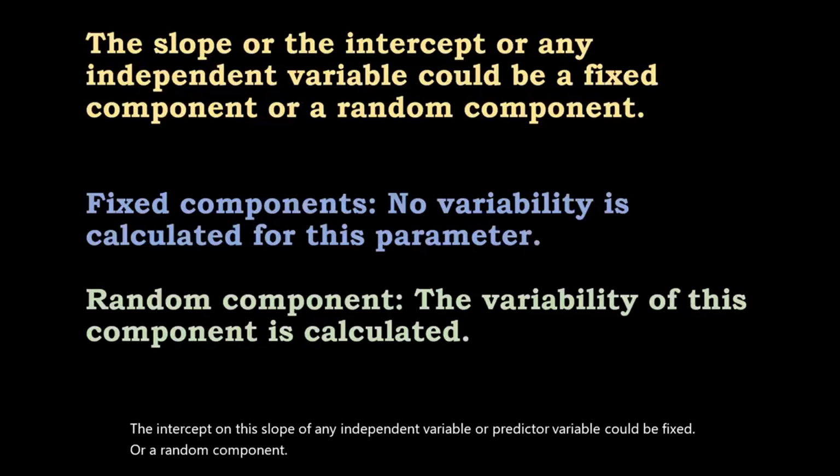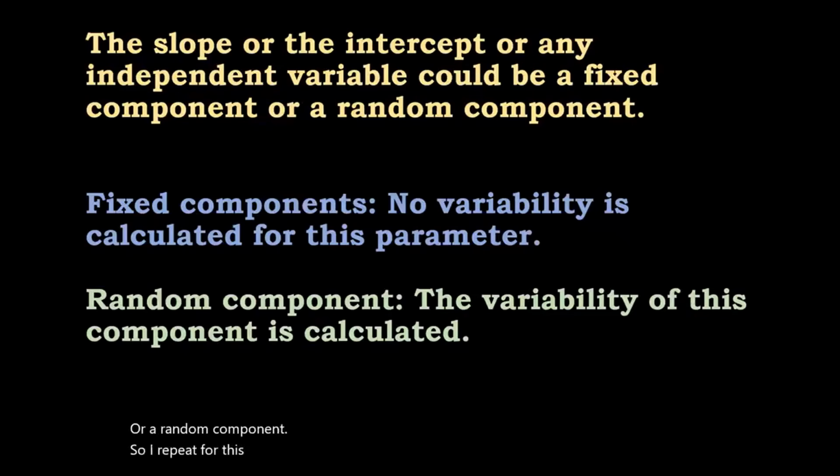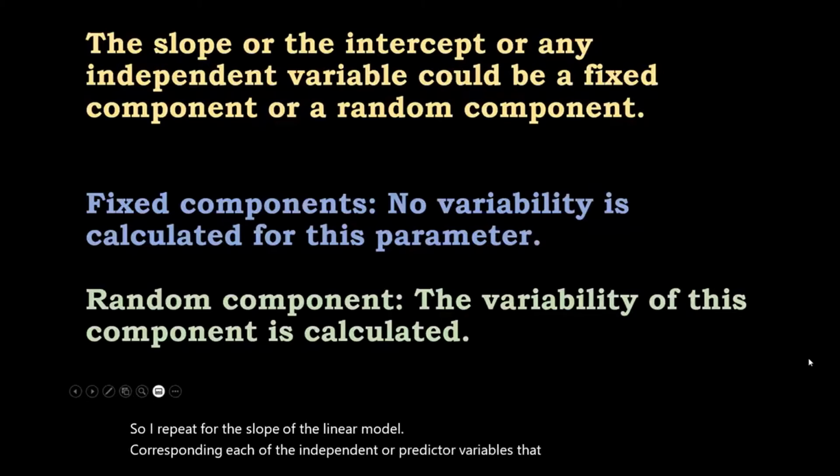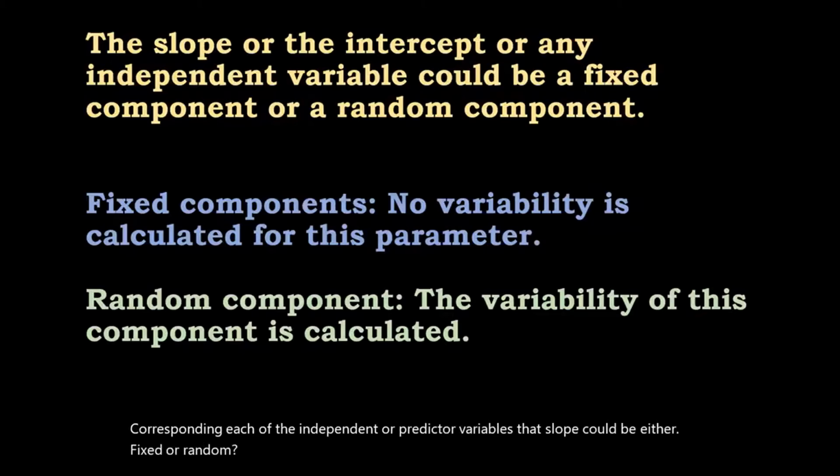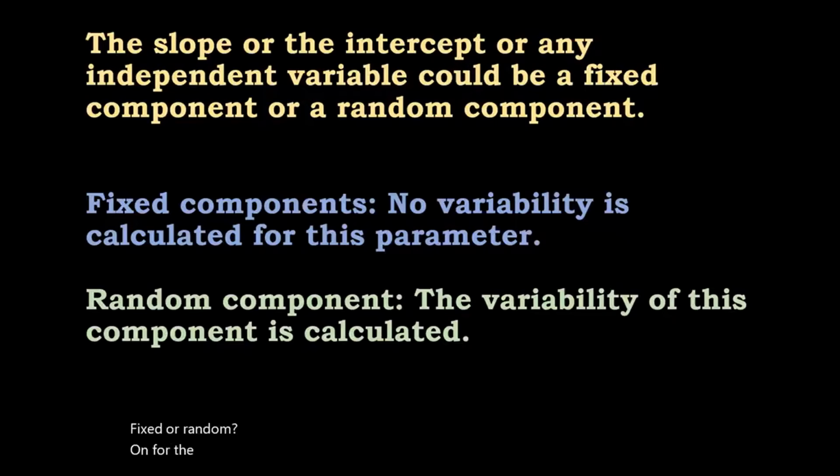So I repeat, for the slope of the linear model corresponding to each of the independent or predictor variables, that slope could be either fixed or random. And for the intercept of the linear model, that intercept could be fixed or random.